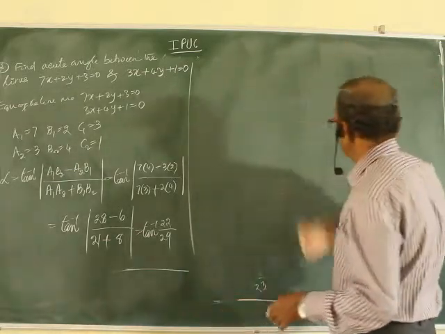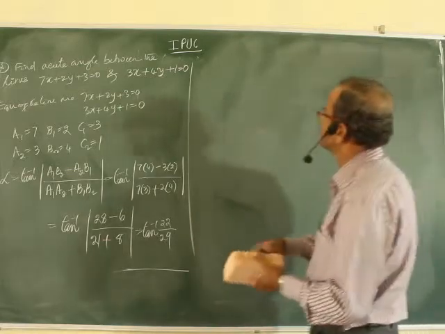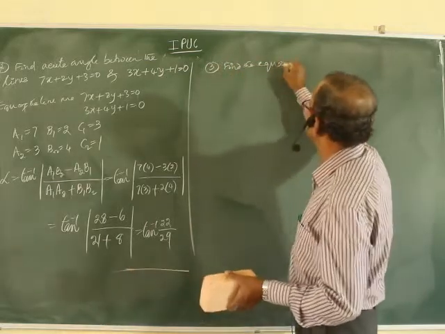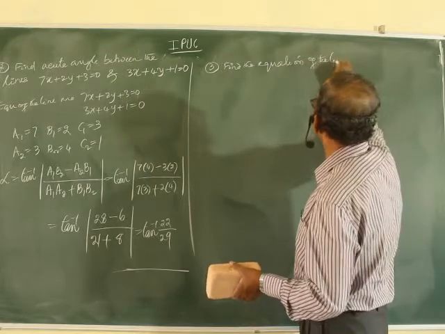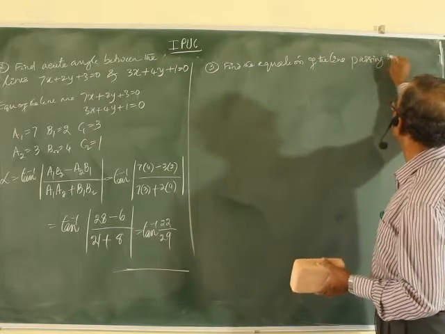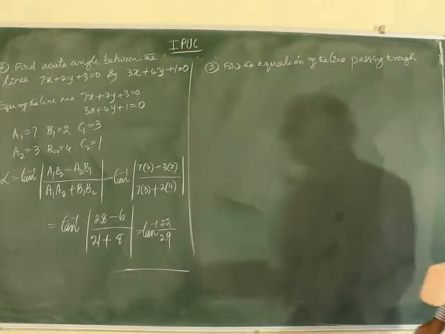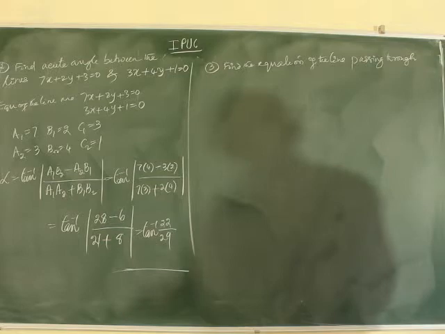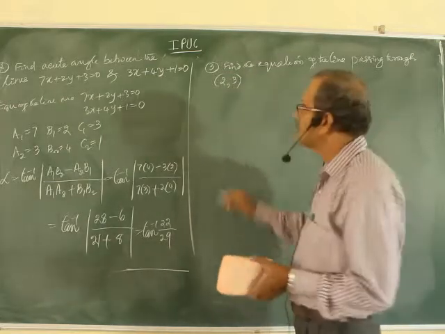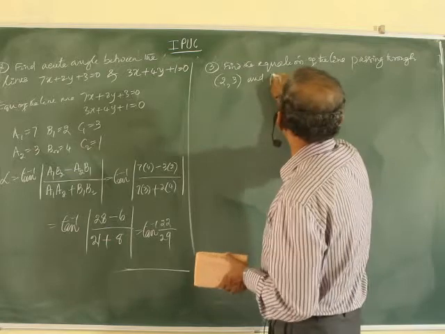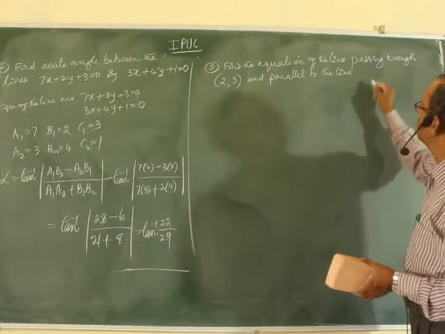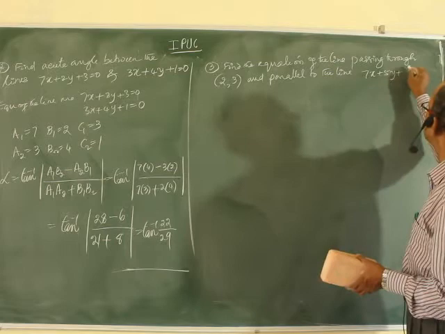Yes, next problem is: find the equation of the line passing through 2, 3 and parallel to the line 7x + 5y + 1 = 0.